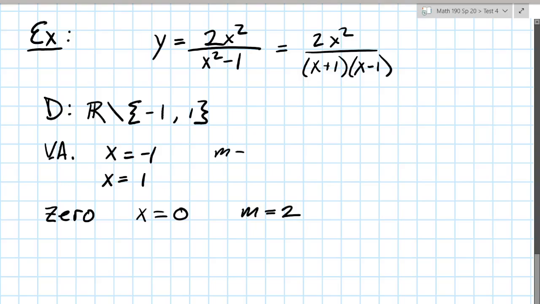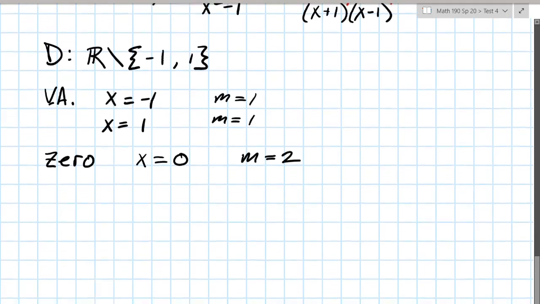We could also mention that these have multiplicity 1, since the exponents on those two terms have power 1. That just means that the sketch of the curve is going to cross the vertical asymptote, which we'll see from all the other parts of our equation once we get there.